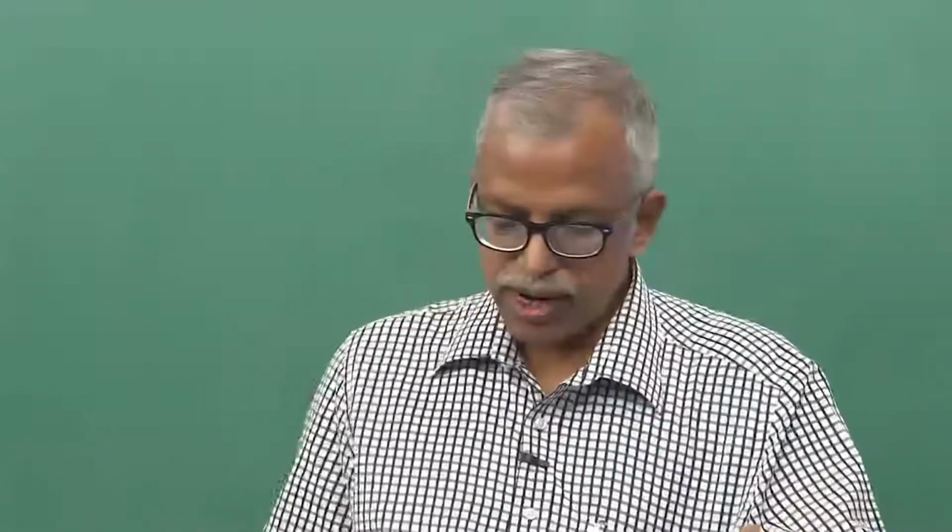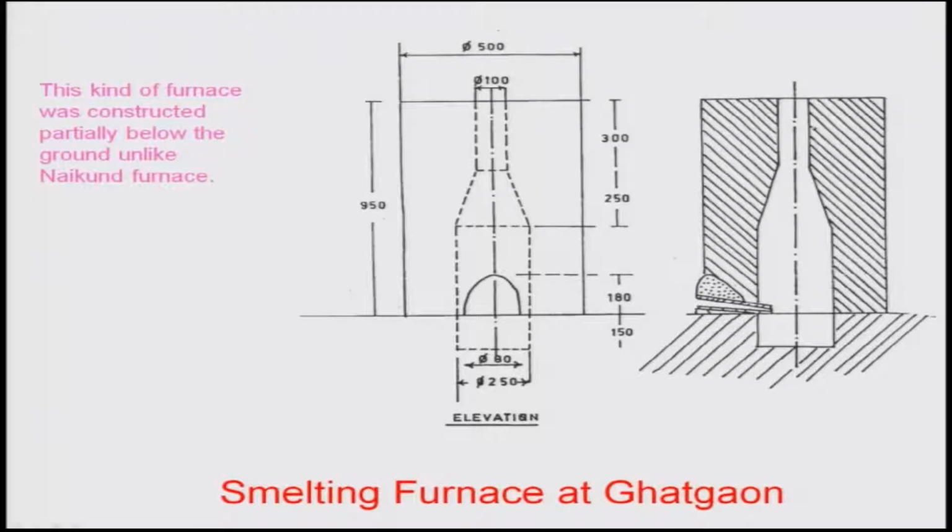So, let us look at another smelting furnace at Ghatgaon, which is shown. This acts like a natural draft, and this is the tire through which air will be passing. Of course, all dimensions are given here. This furnace was constructed partially below the ground, because this portion is the ground level, unlike the Koon furnace, which is on top, above the ground level.